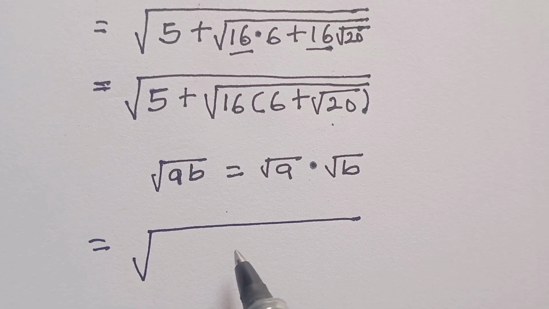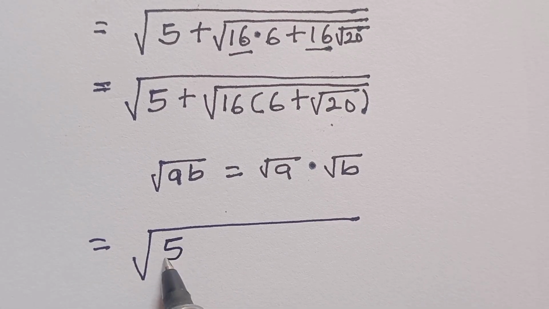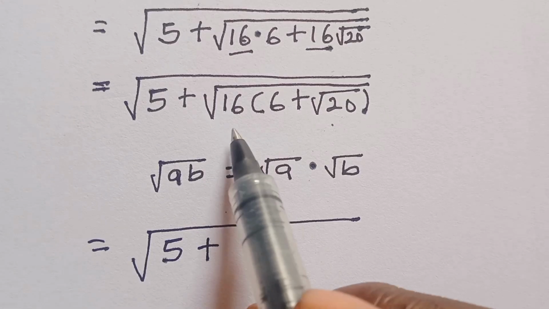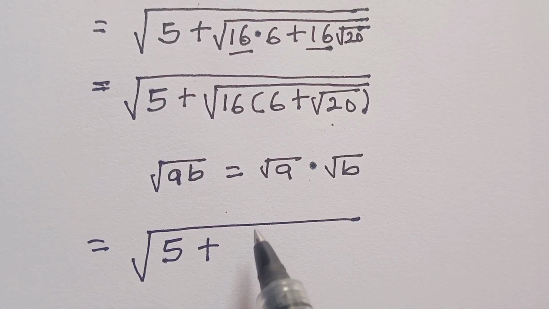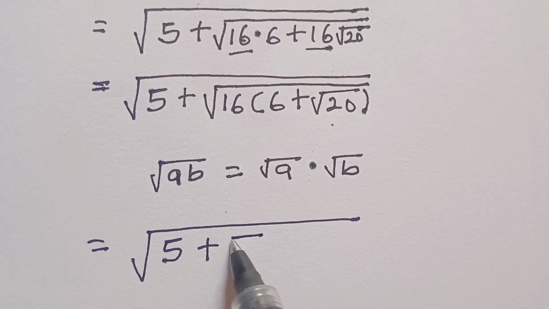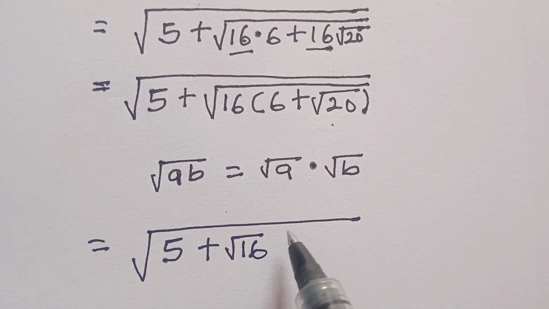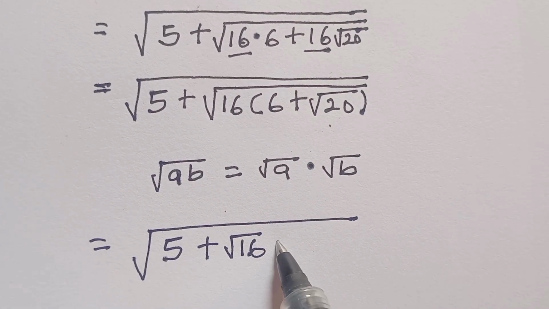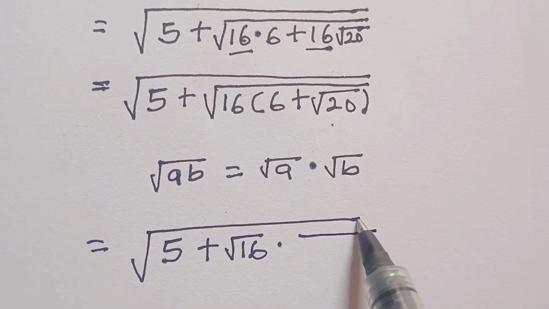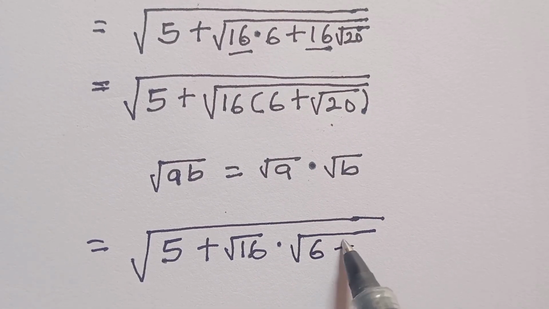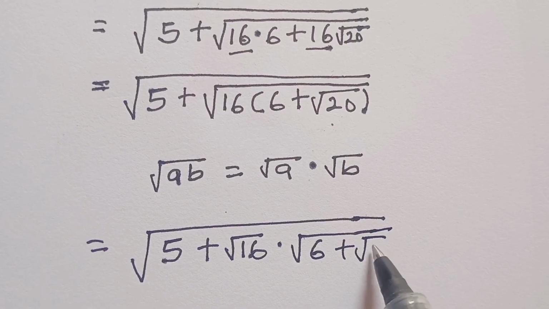Therefore, we now have the square root of 5, so we will split that 16 into 6 plus the square root of 20. Now we have the square root of 16, multiplied by the square root of 6 plus the square root of 20. Yes, making sense.